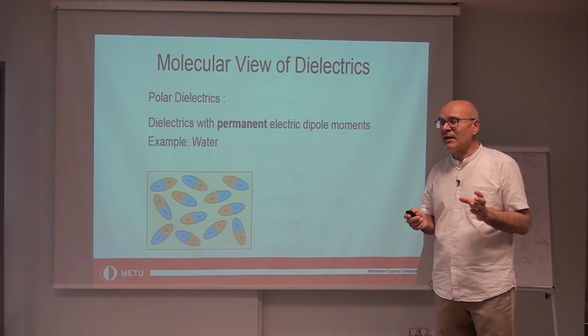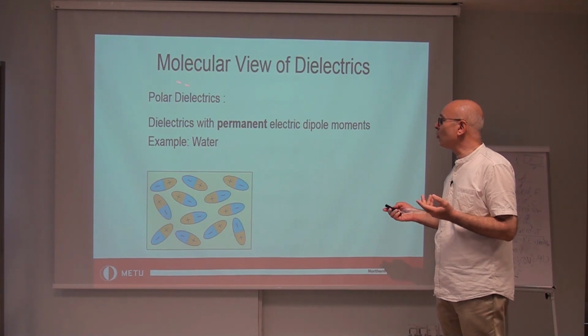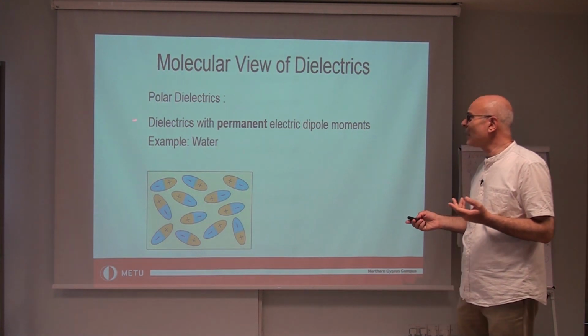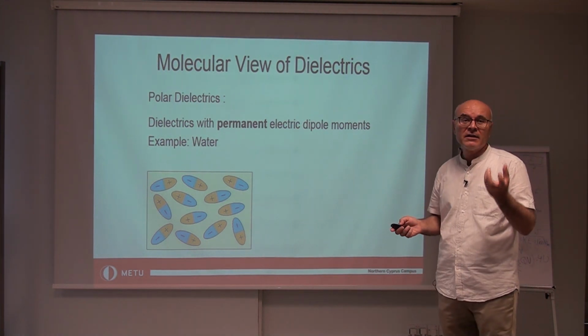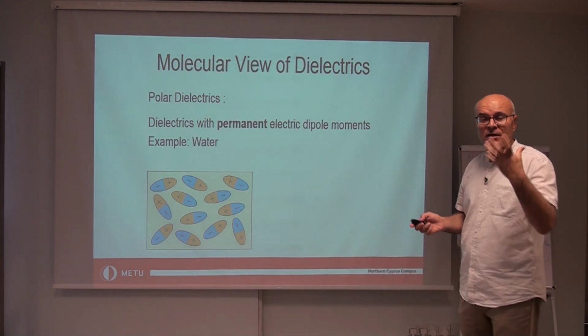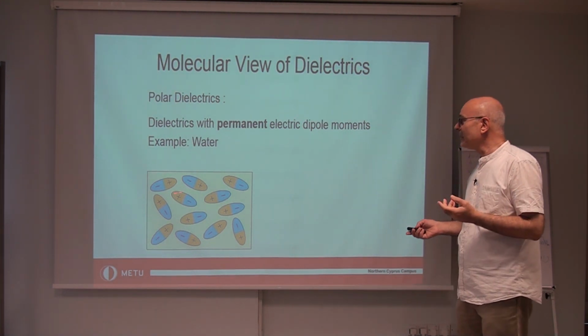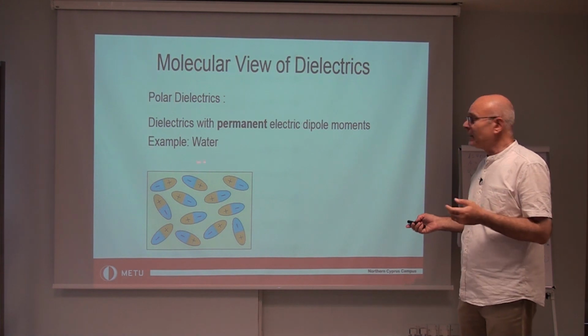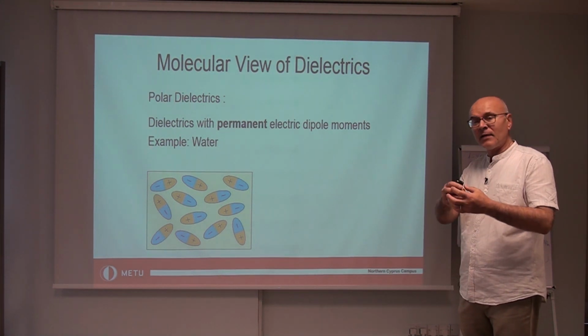There are many types of dielectrics, but we will consider two types. The first are what we call polar dielectrics, dielectrics with permanent electric dipole moments among their molecules. So the molecules forming that insulator have a permanent dipole moment. Its example is water. It means that these molecules are already polarized.